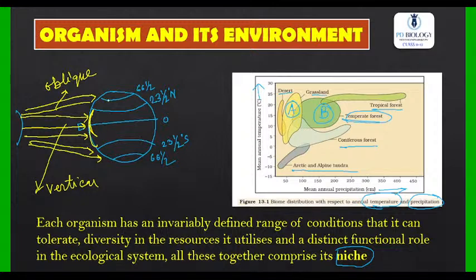But the oblique rays falling at the two poles, these poles and that pole, here you see the two polar zones, give the low temperature. So it receives the oblique sun rays, and so the temperature is low here. So is it clear to you all?